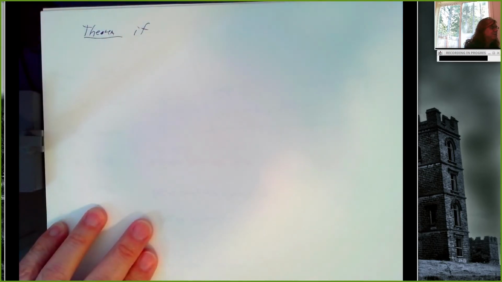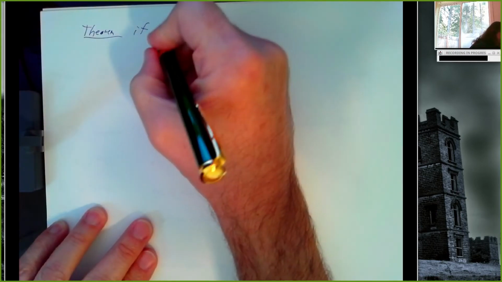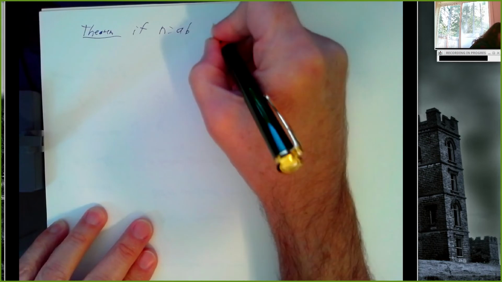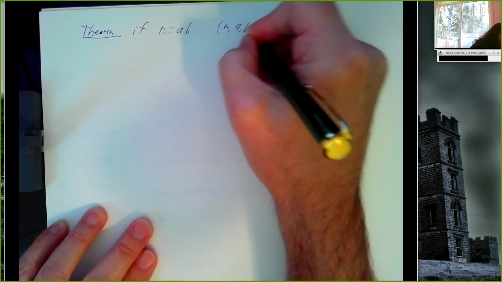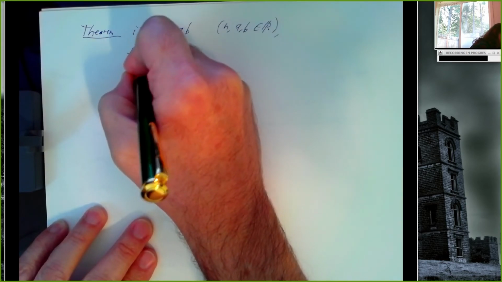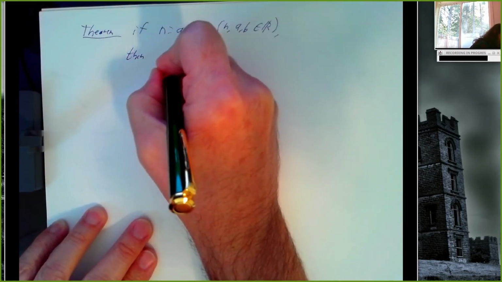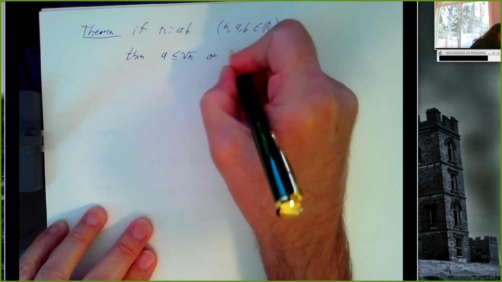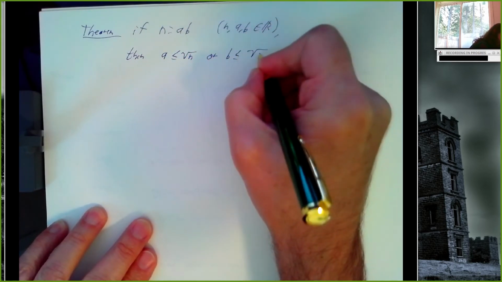And this is not dealing with integers anymore. So if n equals a times b, where n, a, and b are just real numbers, then a is less than or equal to the square root of n, or b is less than or equal to the square root of n.